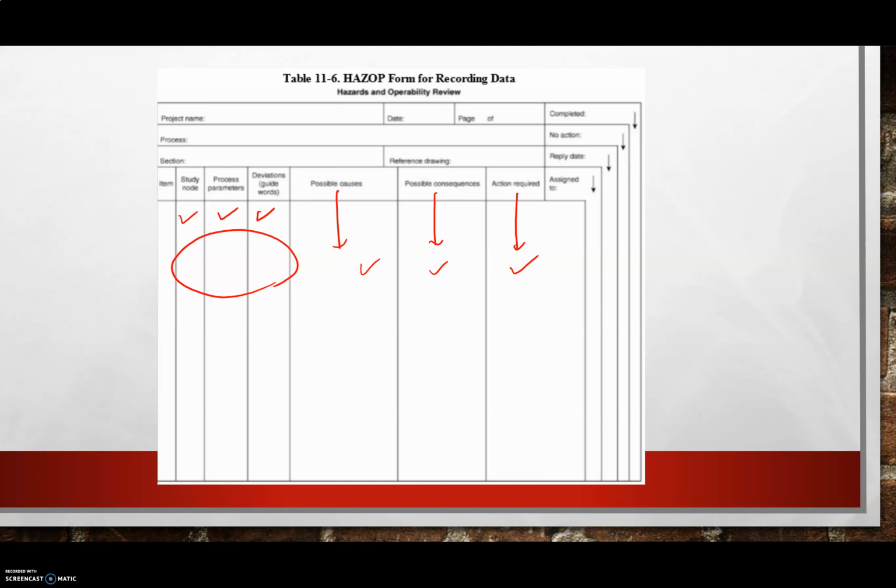But for other people, maybe it will take two or three causes and contribute to three or four consequences. So it depends on people how they interpret this fault or these hazards into possible causes and consequences, and also their recommendation of action.